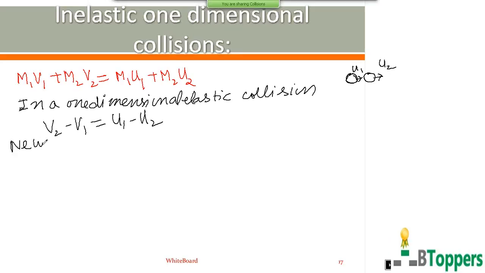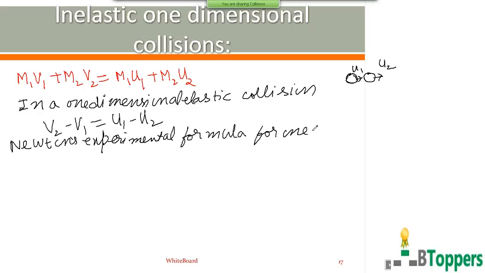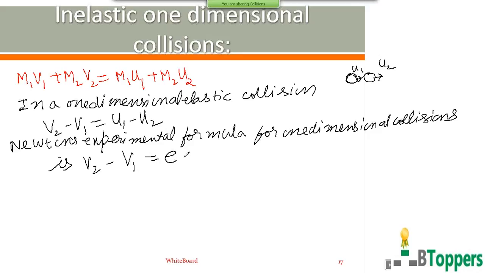So Newton's experimental formula or experimental result for one-dimensional collisions is V2 minus V1 equal to E into U1 minus U2, where E is a constant for a given pair of colliding bodies.